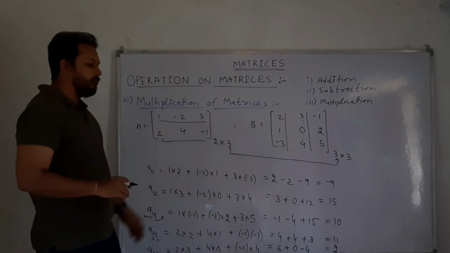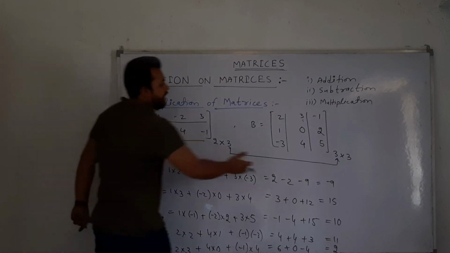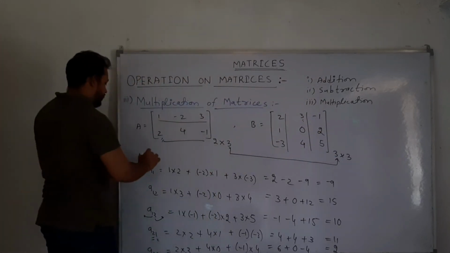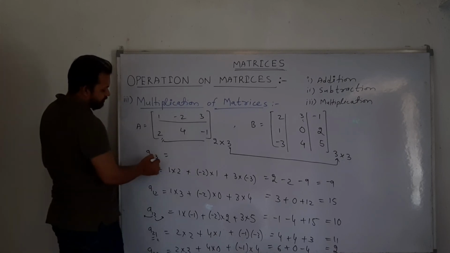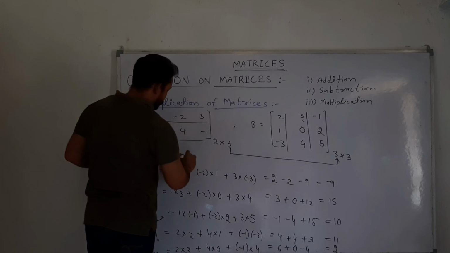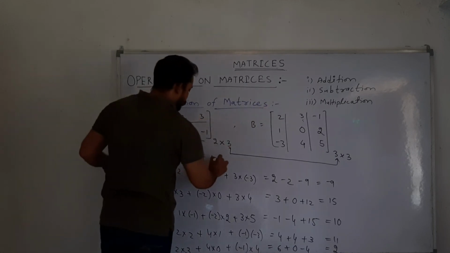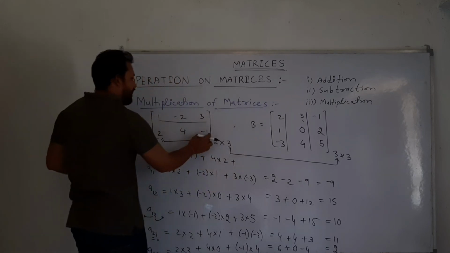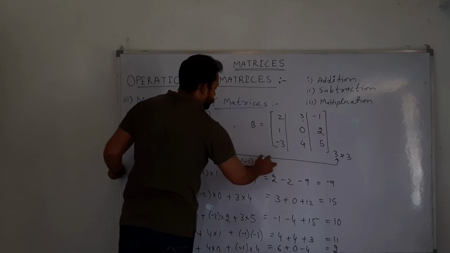We get our fifth element, and the next element is second row and third column. So the next element is A23. Hence we can obtain this like 2 into minus 1, plus 4 into 2, plus minus 1 into 5.